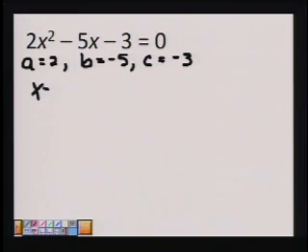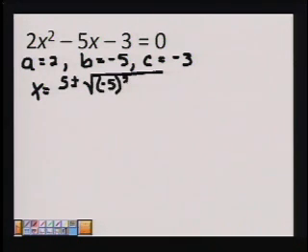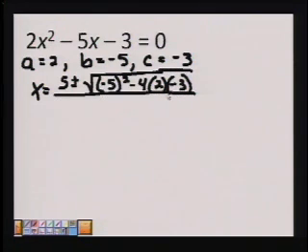Putting those values into the quadratic formula, we get that x equals positive 5 plus or minus the square root of negative 5 squared minus 4 times 2 times negative 3. All of that's inside the square root, and then the whole thing divided by 2 times 2.